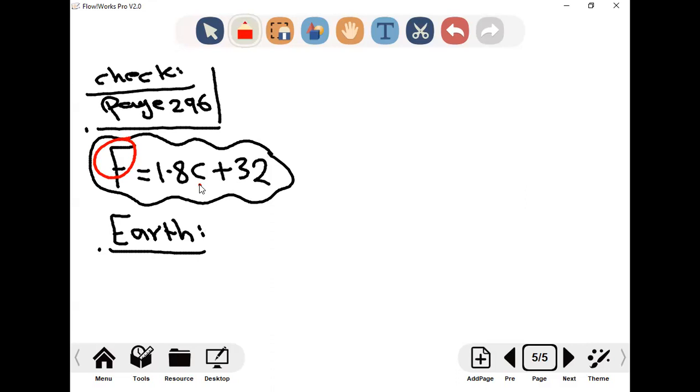So I'll replace F by 57 equal 1.8 C plus 32. What I did here, I just replaced F by the given temperature. Why I replace it by F? In the table, they said F degree, right? If they said C degree, I'll replace C. This is an equation. I need to find the Celsius for the Earth. How we solve it? This is the connected number.